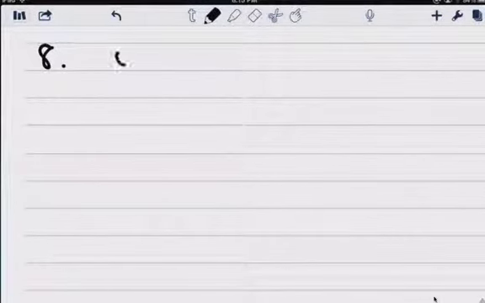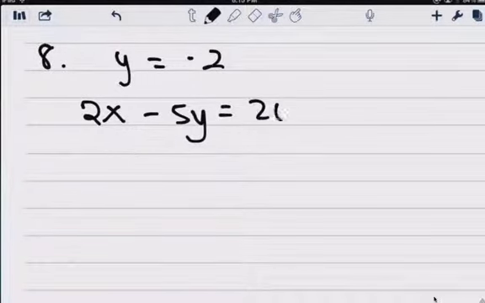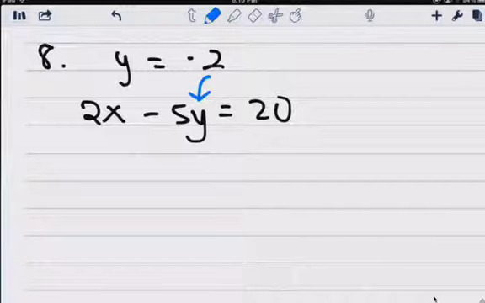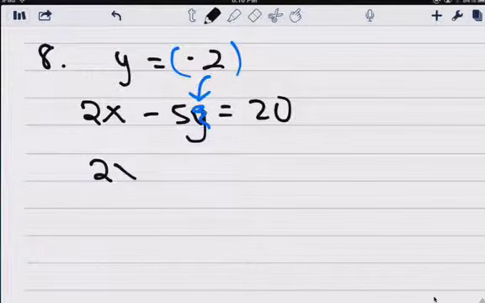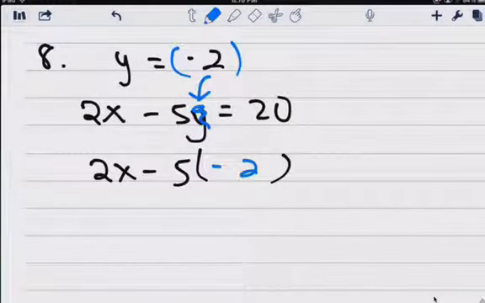And then number 8. Number 8, y equals negative 2. So you have 2x minus 5y equals 20. So you substitute this into here, where y is. So you got 2x minus 5 times this negative 2, that's here, into there, equals 20.